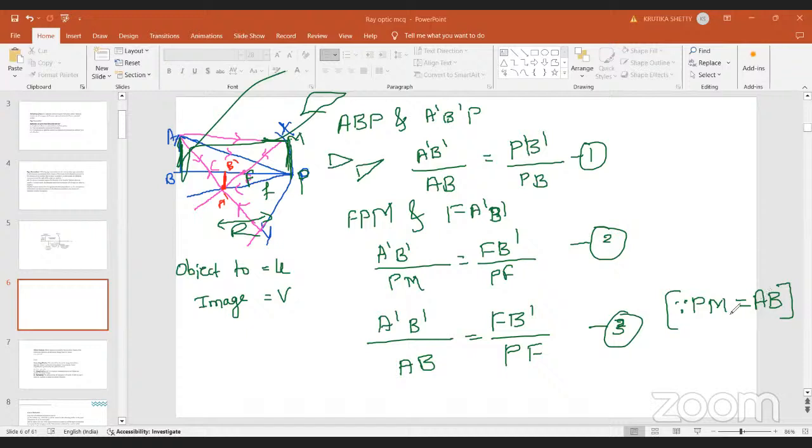Now if I compare equation 1 and 3, students, here we have A'B' by AB, and in equation 3 also A'B' by AB. So the LHS of both equation 1 and 3 is the same. Since the LHS is the same, we can equate the RHS values.